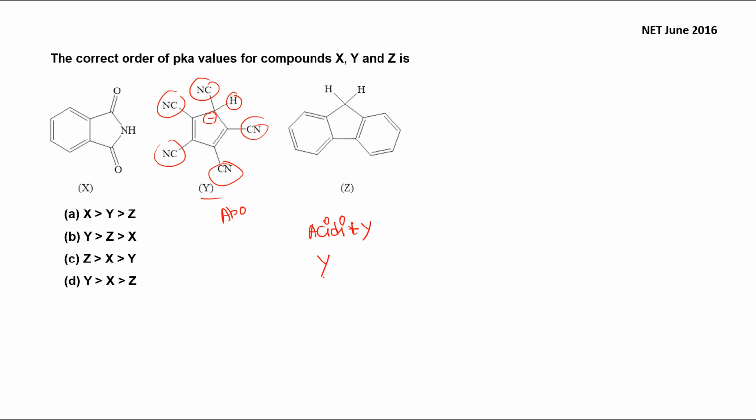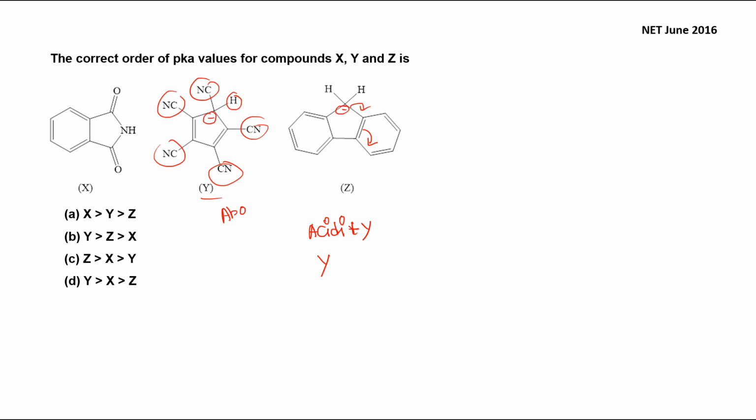Now after Y, if we remove hydrogen and we are getting a negative charge here, now you can say this is also aromatic. But see, if you are considering delocalization, then what will happen? The aromatic character of this right hand side ring will be lost. Fine.